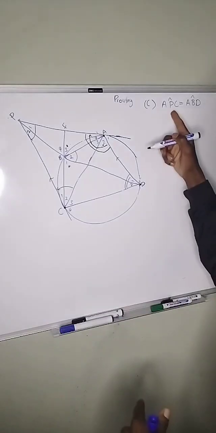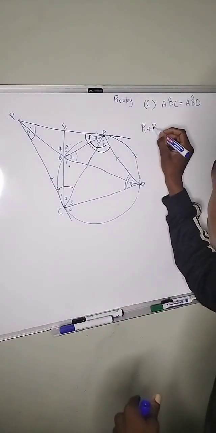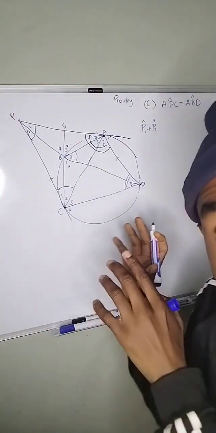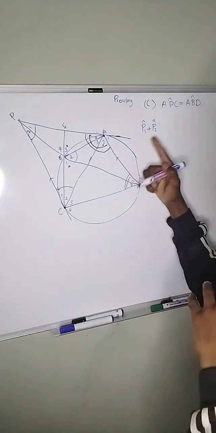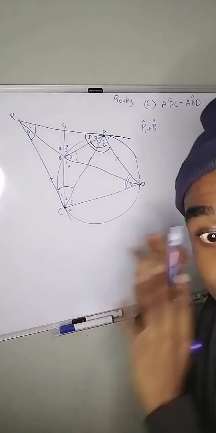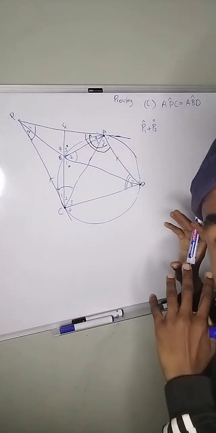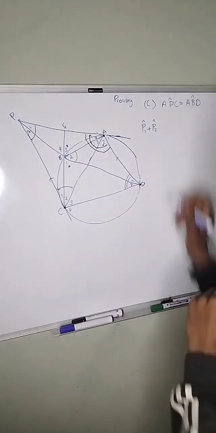So the P that we are supposed to be proving is going to be P1 plus P2. Do we agree? This is the one that is angle A-P-C. Thank you very much. Yes.